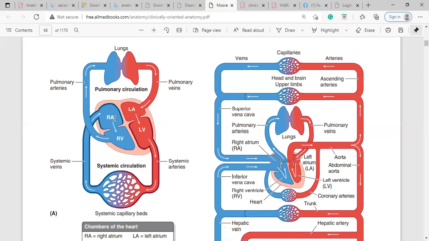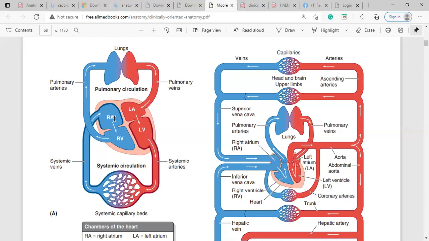Okay, so the tissues and the cells use the oxygen and the nutrients in the blood. Now, in every tissue, there is a metabolic process going on, where at the end of this metabolic process, waste products are formed. So these waste products are exchanged with oxygen in the capillaries.